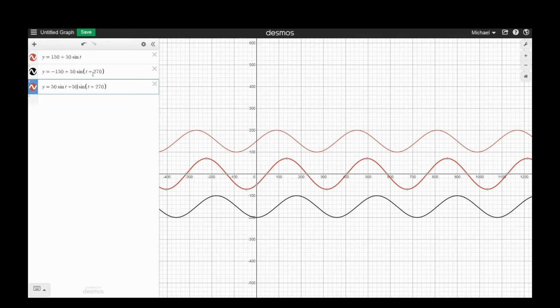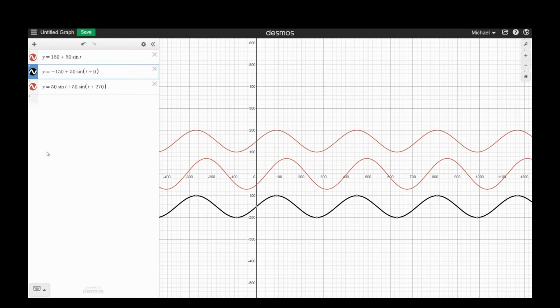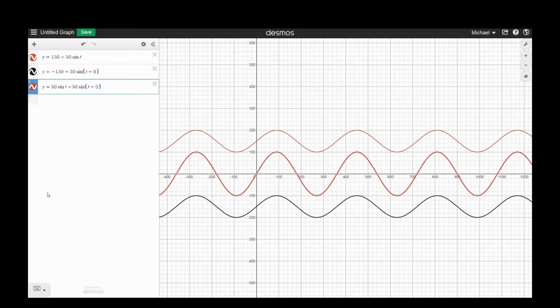What would happen if there was no gap between the waves? In other words, this offset, I change it to 0. Now the black wave and the red wave are perfectly lined up. What would the addition of those two look like? It would look like that.